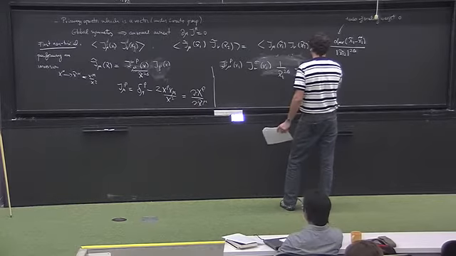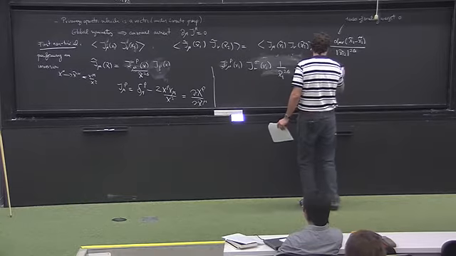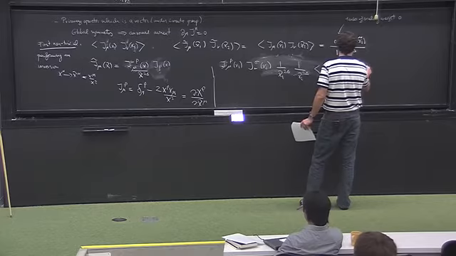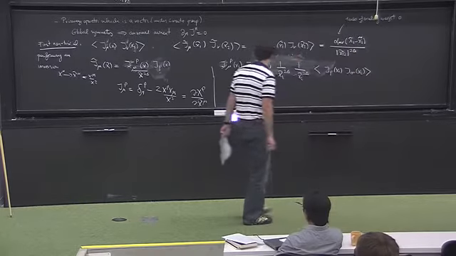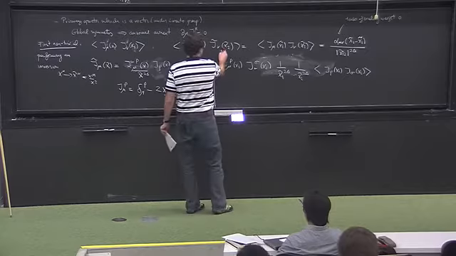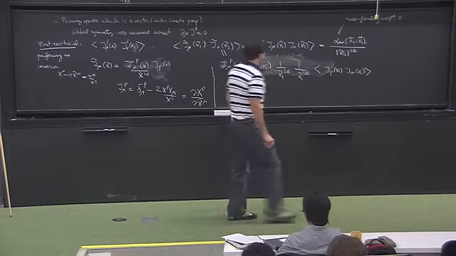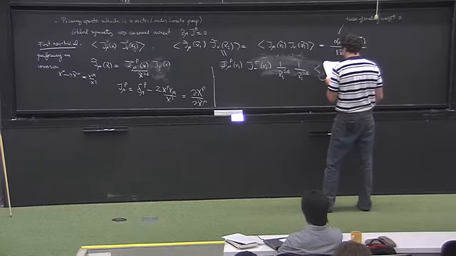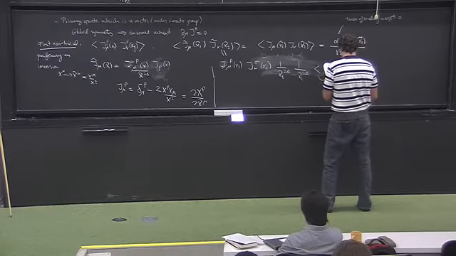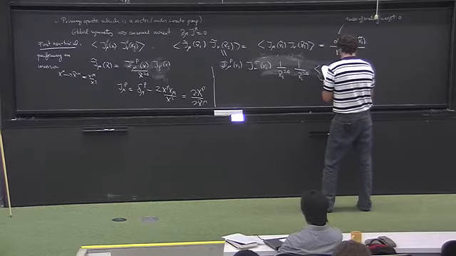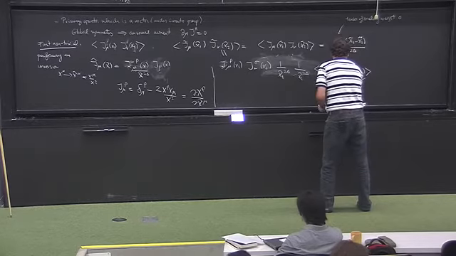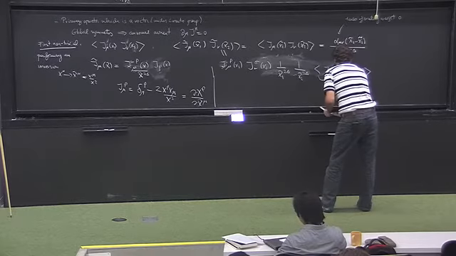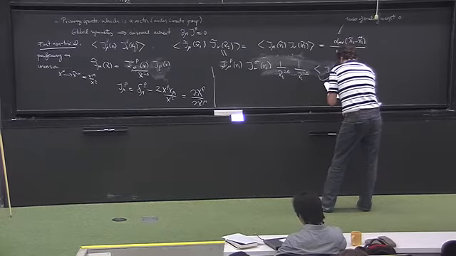Okay, let me do it. So this guy is this, right? And now this guy is nothing but, I can use that formula, right? So it's alpha rho sigma as a function of x1 minus x2 divided by x12 to the 2 delta.